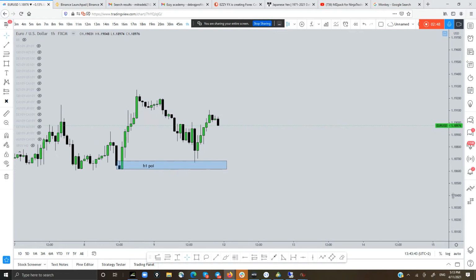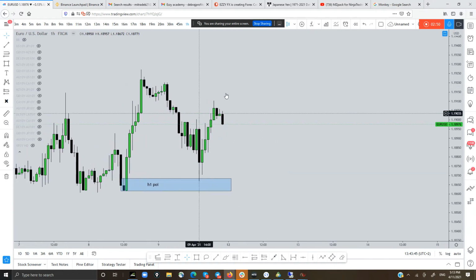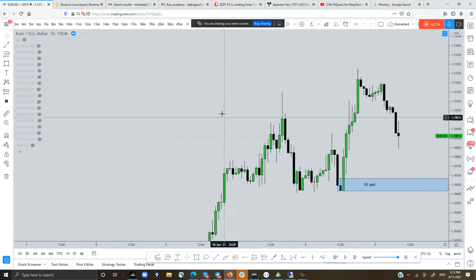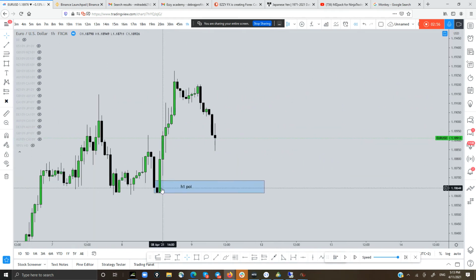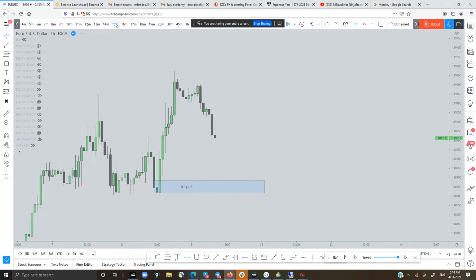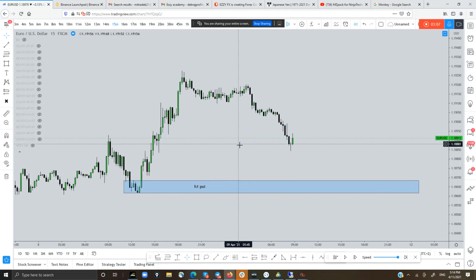Okay, and now when the price was coming to this zone, if I run this in replay mode, for example, what I need to see is, the price went so fast, and when the price was returning to my zone, I need to see some consolidation at lower time frame. So what I'm looking for here is a little bit of consolidation before heading to my zone.